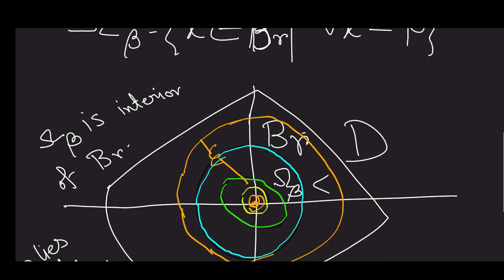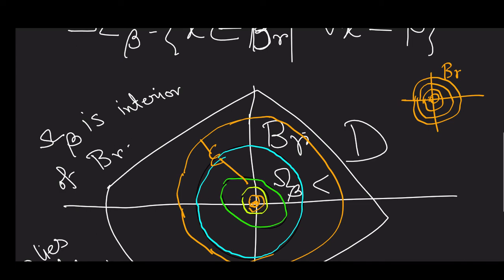If I try to zoom into the origin, you will see different BR: this is one BR, then a smaller BR, then a smaller one, but however small you make it, it cannot be identically overlapping on your origin. It must be a circle having a radius, even if infinitesimally small, but not equal to 0. That is the beauty. So that is your BR.